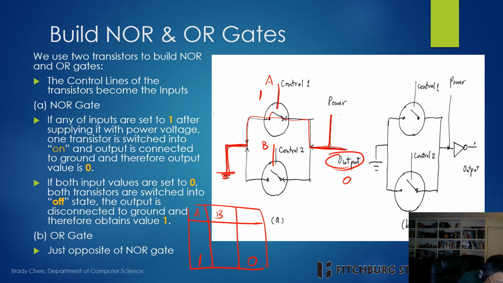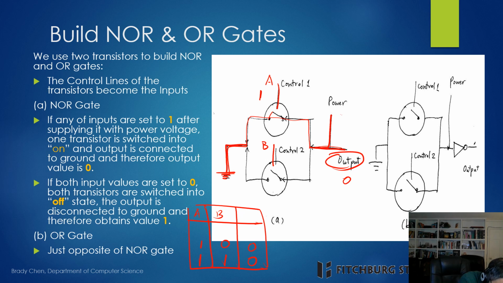It really doesn't matter what the control line value of B is. If it's 1 or if it's 0, it doesn't matter because it's connected to ground anyway. So if B is 1, the output is 0. If B is 0, the output is also 0.